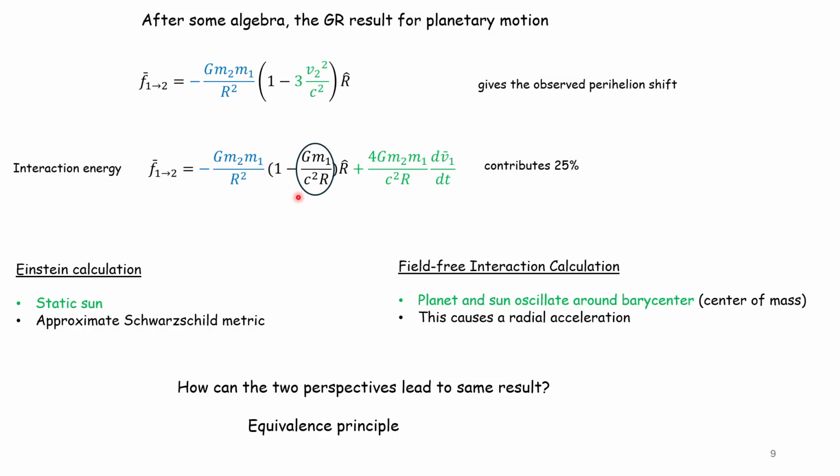And it can be shown that the gravitational energy term contributes 25% to the perihelion shift. And this is not easy to obtain in the space-time perspective. But here it's straightforward. So it's not only the inductive force which causes the perihelion shift, but it's also this general relativistic factor of gravitational energy.